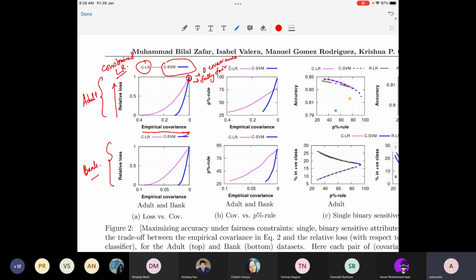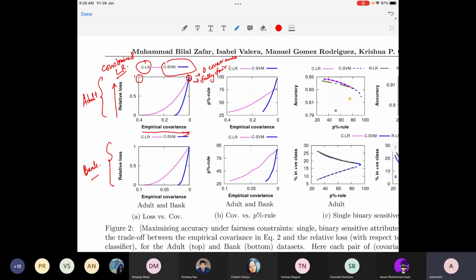And at this point, relative loss. Relative loss means the loss difference between the unconstrained loss and the constrained loss, divided by the unconstrained loss. So the relative loss at this point is maximum, right?